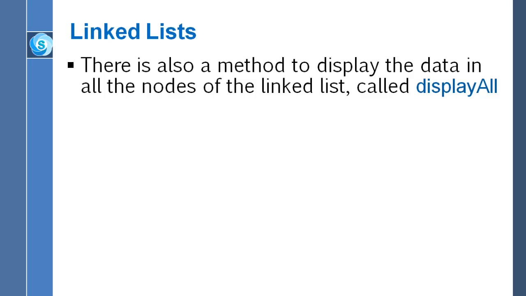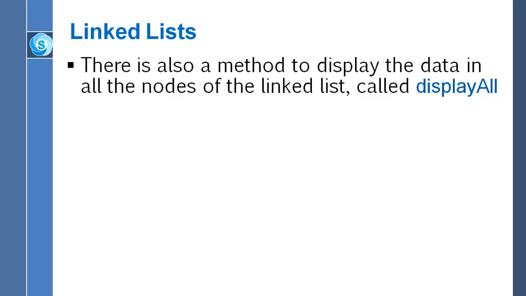While it's okay if you don't want to look too hard at the find and remove method that was just mentioned, I do want you to take a look at the display all method that's in the linked list class. It is a very short method, and I really think you need to look at all of this. I think you should carefully step through and see exactly what's going on here.